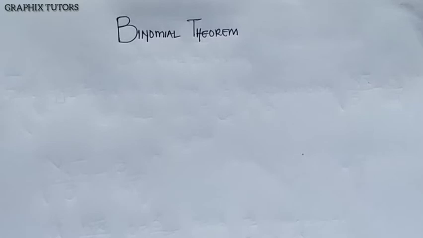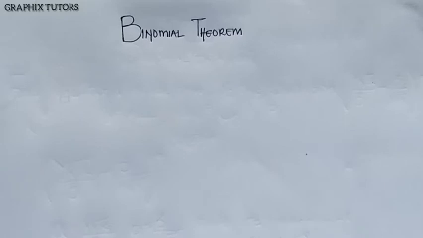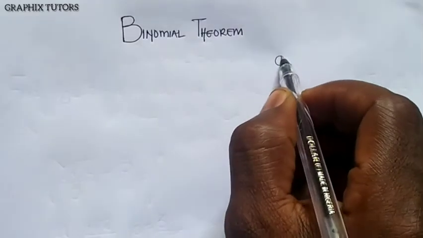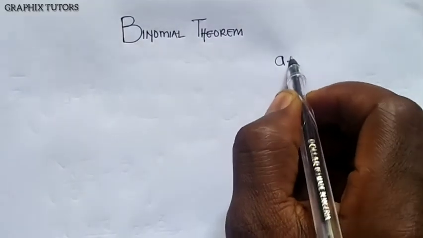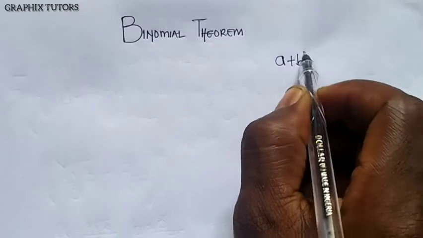Today we want to look at another aspect in mathematics which is called the Binomial Theorem. In algebra, we frequently encounter expressions consisting of two terms, in the form of a plus b.